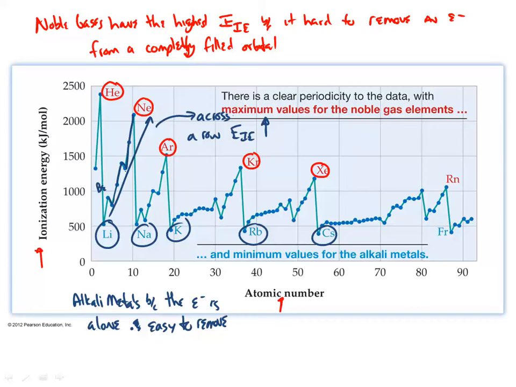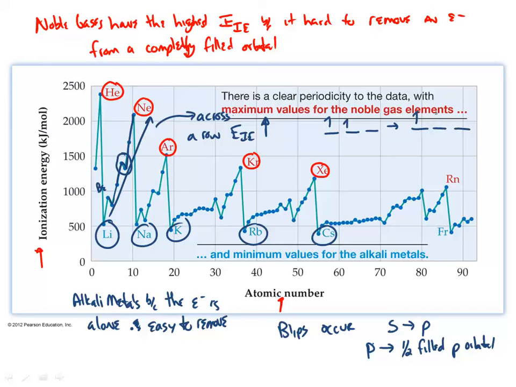Notice that those little blips occur going from an s to a p orbital and from a p orbital to a half-filled p orbital. So remember, we mentioned that half-filled orbitals, for instance, right here, that's going from something that looks like this to something that looks like this.